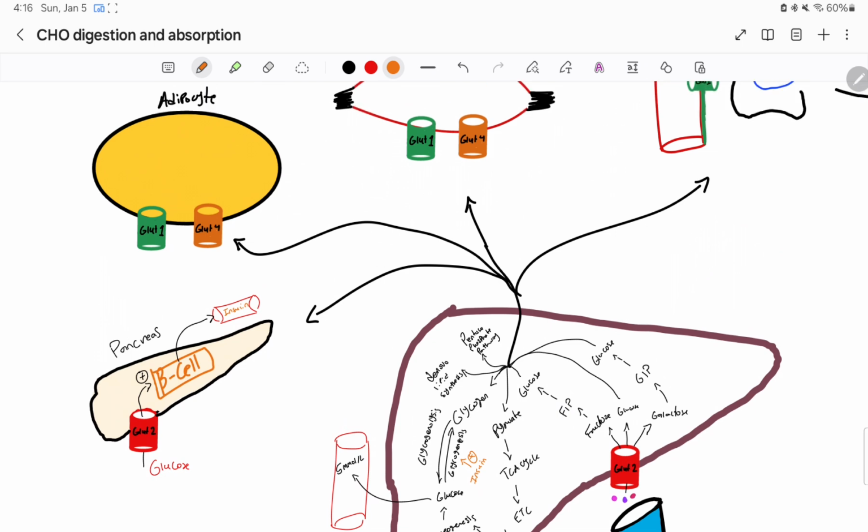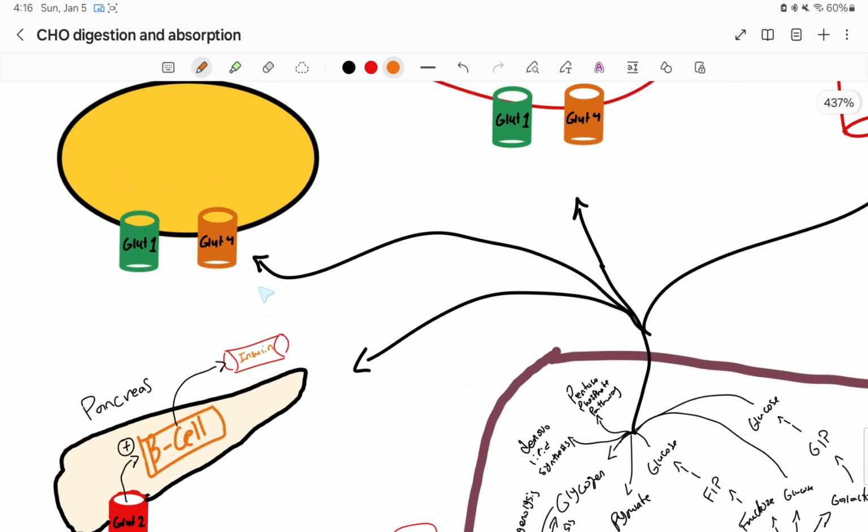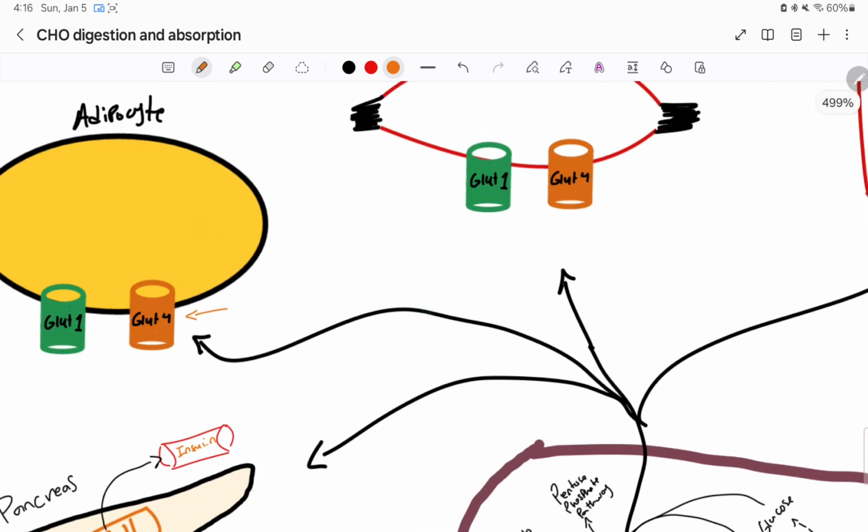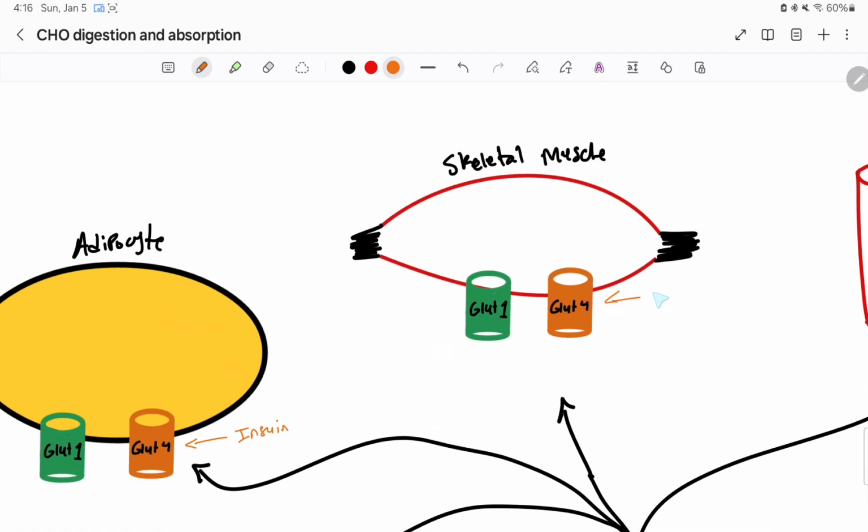What else does this insulin do? Well, this insulin comes over to the adipocyte and stimulates the recruitment of a specific type of GLUT transporter called GLUT4. It also does the same thing for the skeletal muscle. It recruits this GLUT4 transporter from specific storage vesicles, called GLUT4 storage vesicles, which are inside the muscle cell.